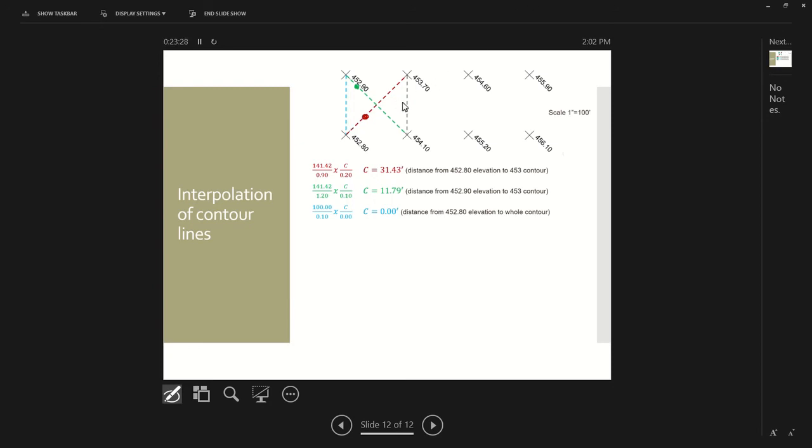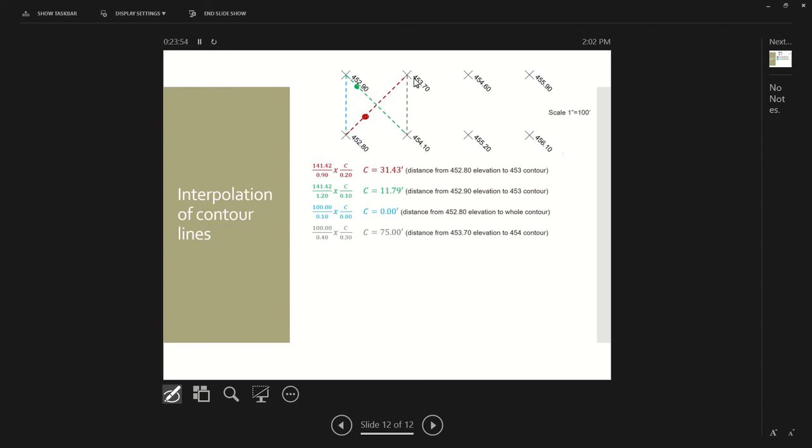Let's find the gray one then. Now we're looking at the gray one here. It's 100 feet again between the two points, and 0.4 feet of elevation change between the two. This time we're trying to find the elevation at 454, because that's the elevation that ends up between these two.